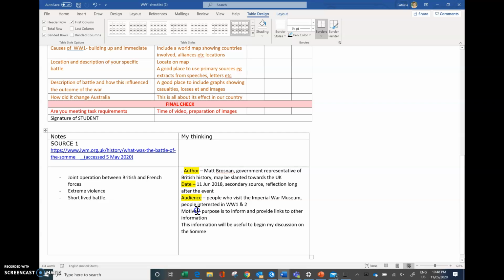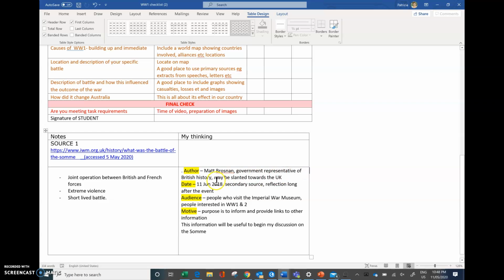M for motive, what is the purpose of it? And I've just very quickly, by looking at the website, found it's written by Matt Brosnan. It actually says that. In your bibliography, you should actually be mentioning Matt Brosnan, and organised by surname, B.